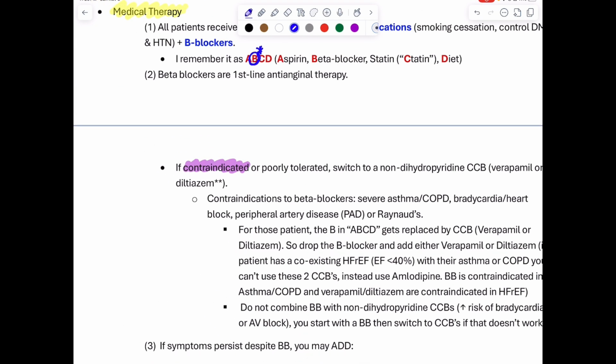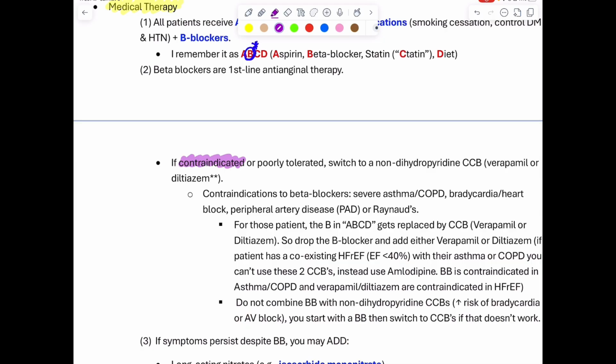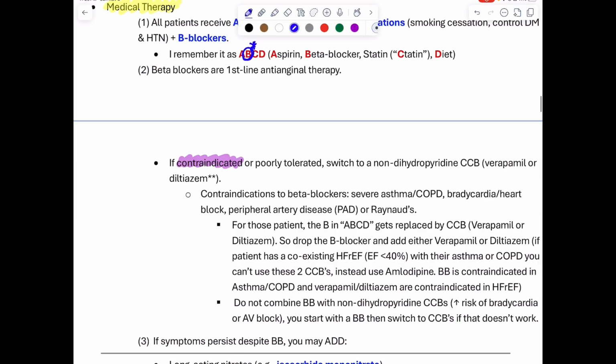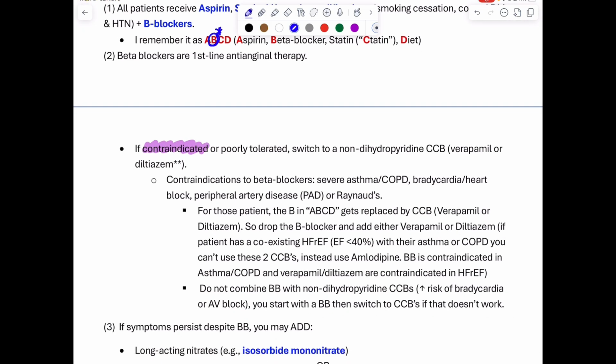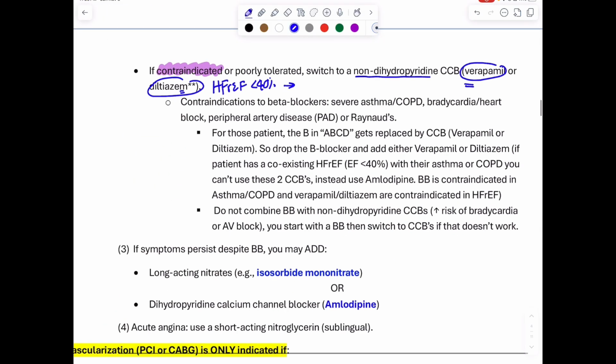So if beta blockers are contraindicated, you switch them out for calcium channel blockers, which are going to be the non-dihydropyridines, verapamil or diltiazem. And there's another asterisk here, because if they have heart failure with reduced ejection fraction less than 40%, instead of giving them verapamil or diltiazem, you switch to amlodipine.